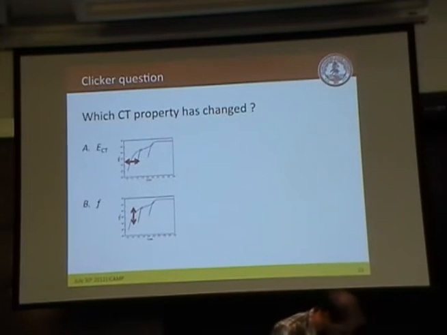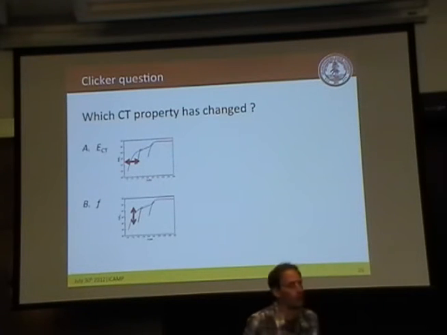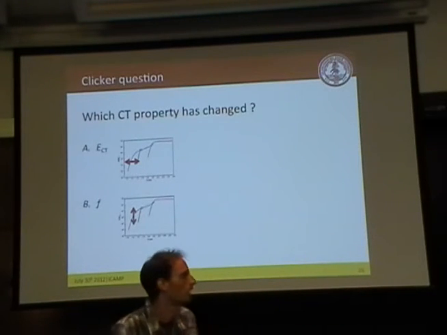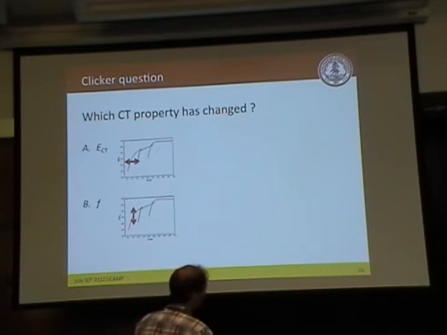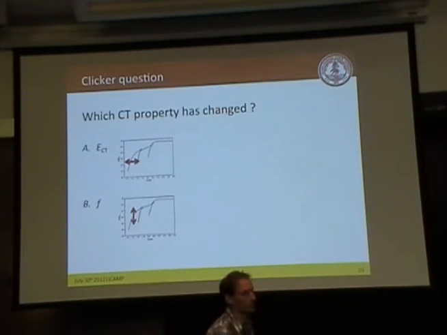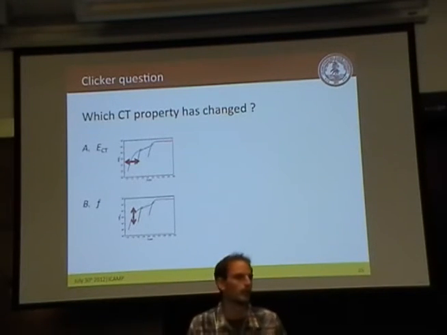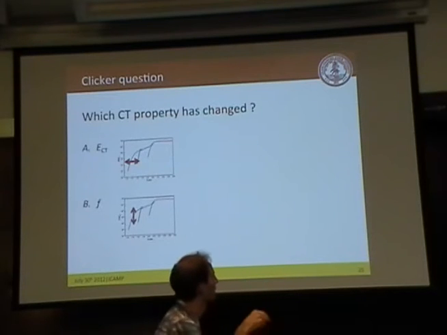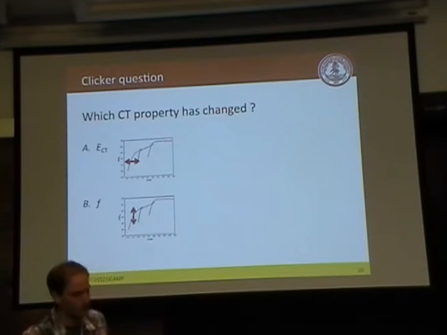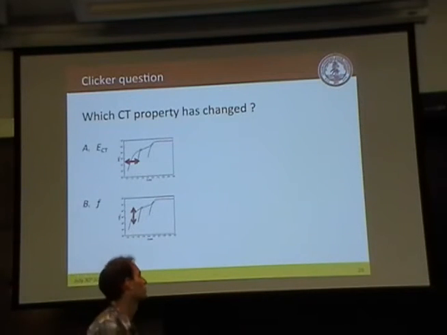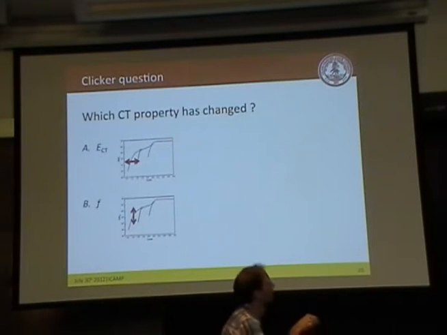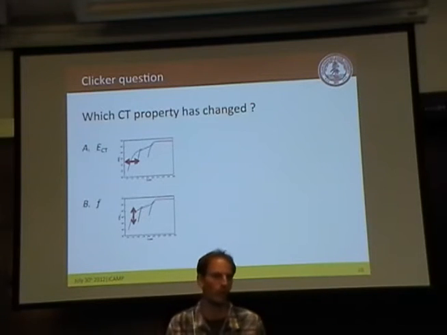This is a quick question. Which property do you think has changed? Do you think that the energy of the CT state has changed if it crystallizes more? Do you think that will vary the energy levels? Or do you think it will vary this f parameter, the strength of the CT band? Maybe both properties have changed, but which one is the most determining one for the open circuit voltage?